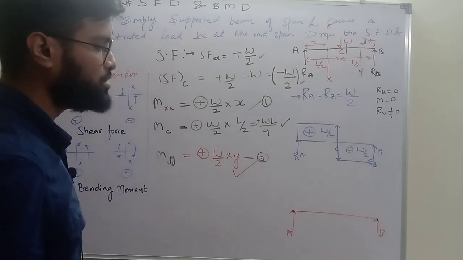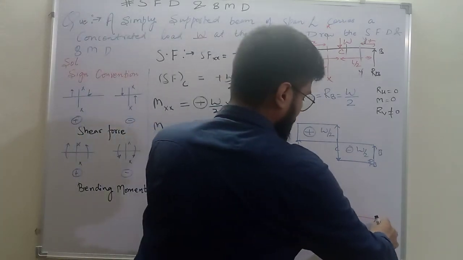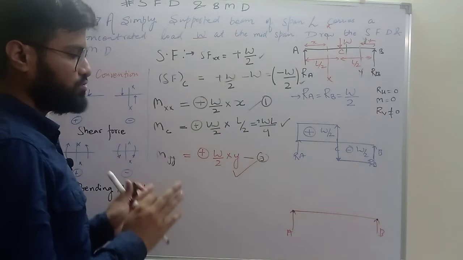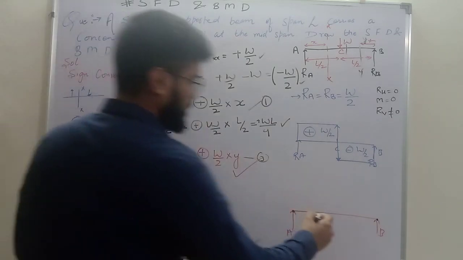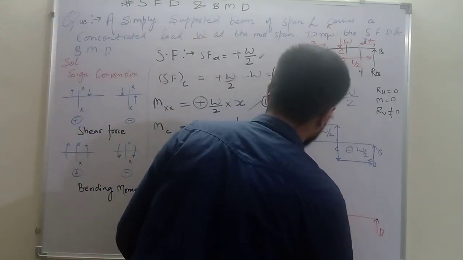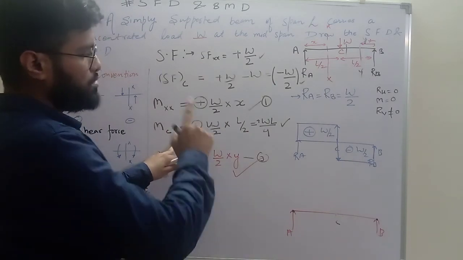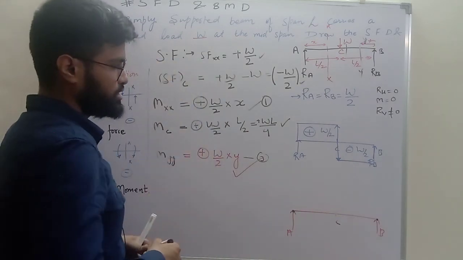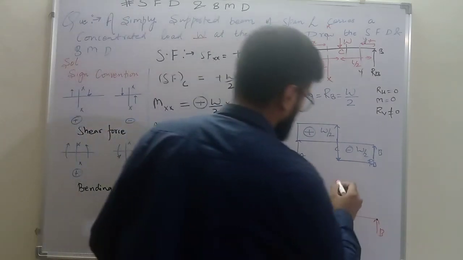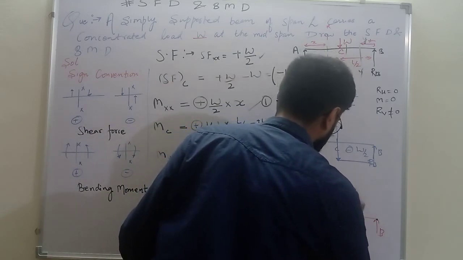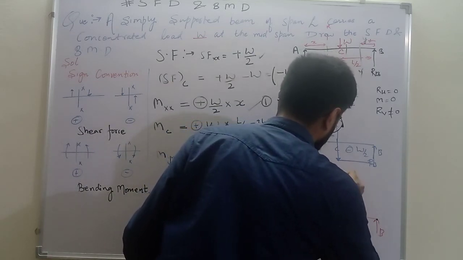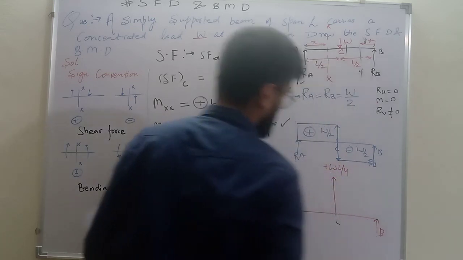Okay, so the bending moment diagram will start from A and B. Now we know that it will start from A and B, and at the center, at midpoint C, we know that it is plus WL by 4. So the y coordinate is plus WL by 4.